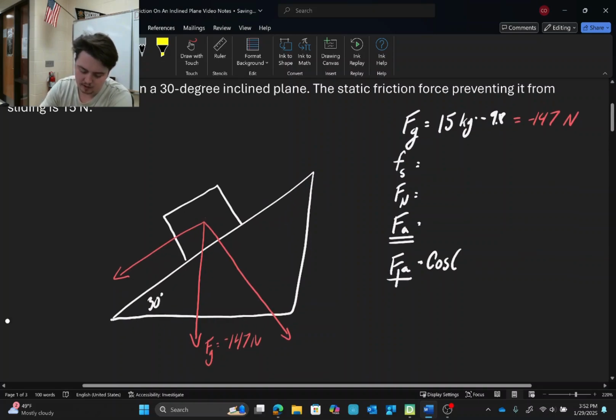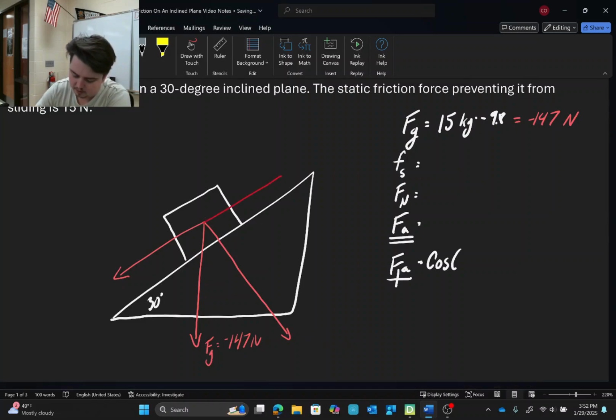And then I'm going to label static friction because it's already given to us. All right, so our static friction is equal to 15 newtons. So we already have our static friction, 15 newtons. We have to find our perpendicular applied force, our parallel applied force, and then our normal force.